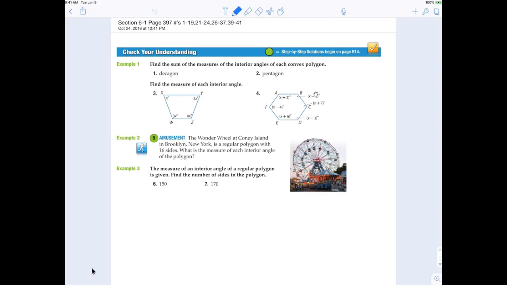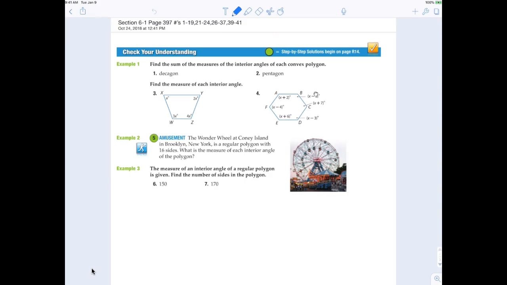If you think about, for example, a quadrilateral can be divided into 2 triangles, right? A pentagon can be divided into 3 triangles, right? A hexagon can be divided into 4 triangles. So that's how they're coming up with the formula n minus 2 times 180. That's the sum of the interior angles of a convex polygon.